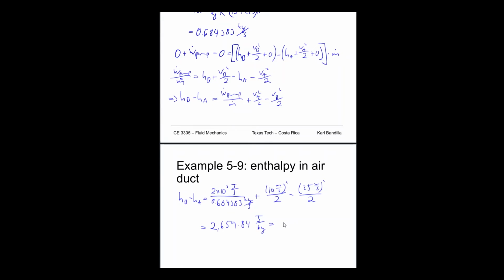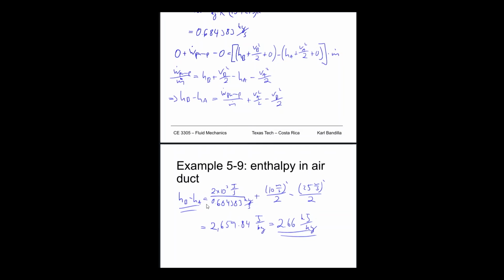And so if we go to kilojoules, and if we round to 3 significant digits, we get 2.66 kilojoule per kilogram. Excellent. That would be our result, right? That would be the change in enthalpy, 2.66 kilojoule per kilogram.